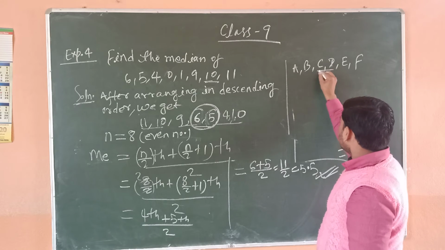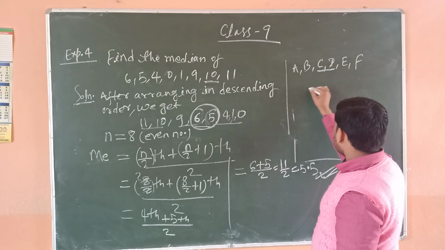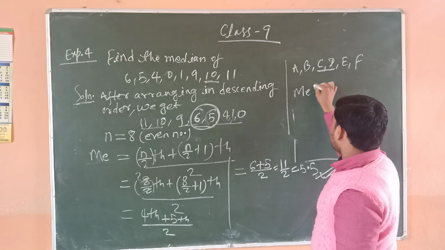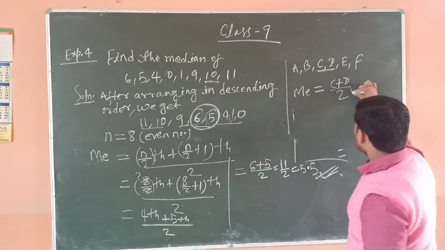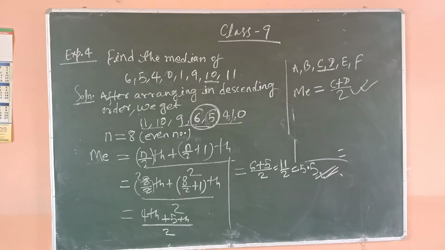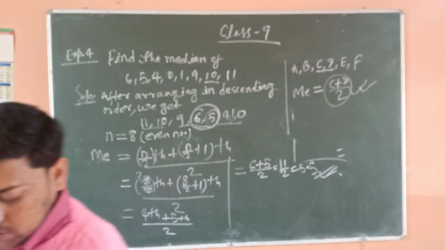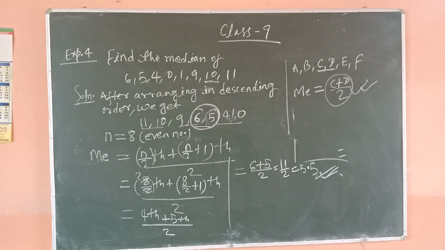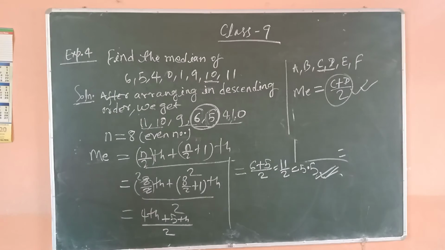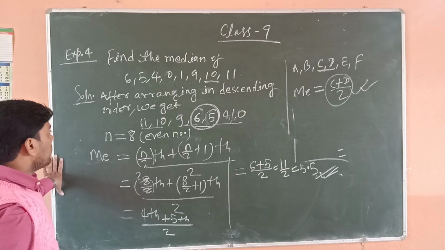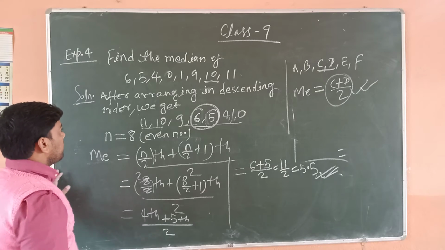So C and D are in the middle. So the average of C and D is the median, C plus D upon 2. So now students, keep in mind, median divides the given data into equal parts, and median gives the value of the middle term.